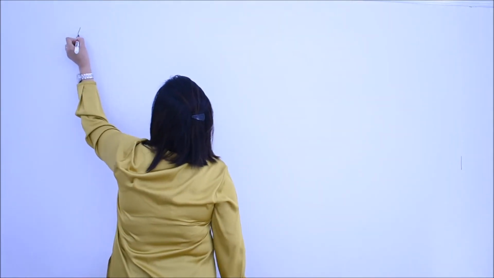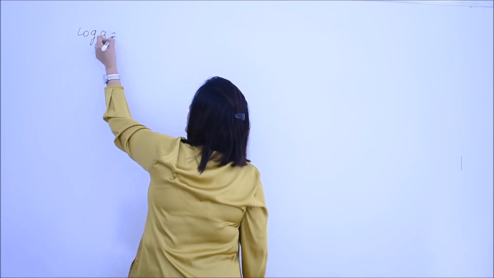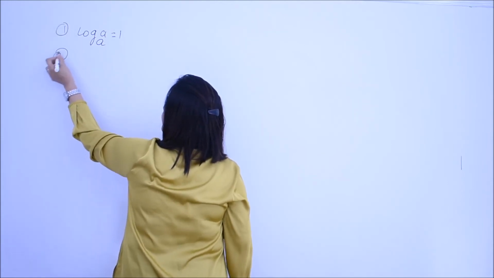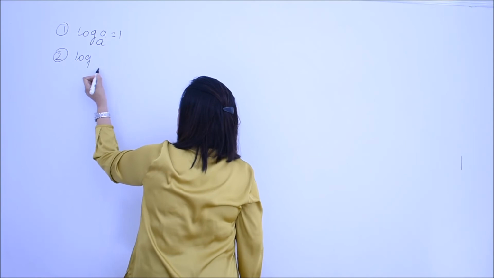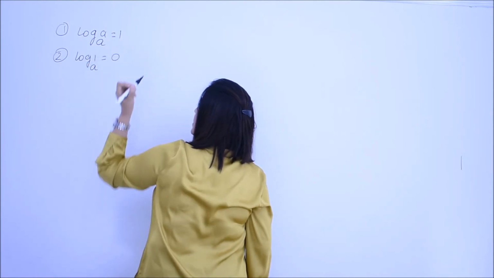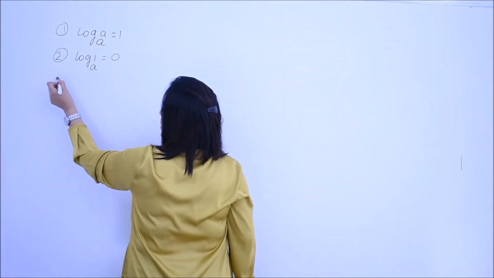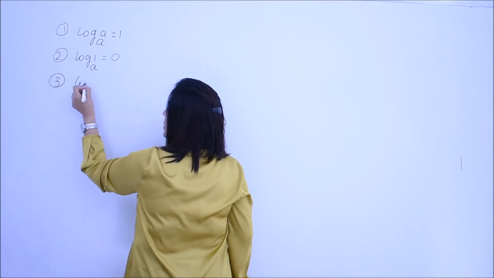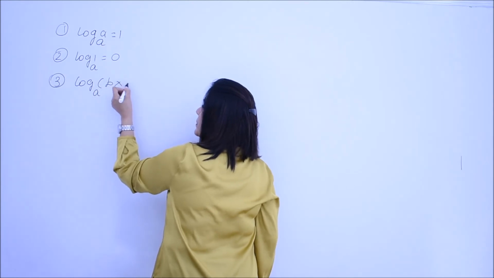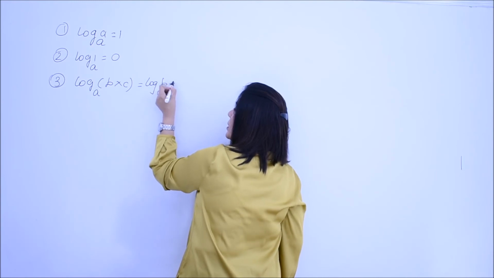So the first law which we saw was log to the base A of A is 1. Second, if log to the base A of 1, then it is 0. So log of 1 is 0. Third, if base is same and it is multiplication, then we add them.